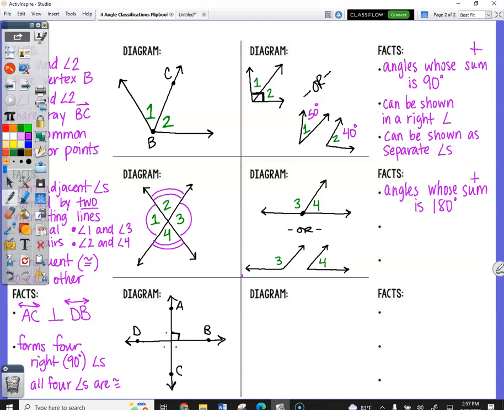Two ways that you can see it. It can form a straight angle, and remember, that just means a straight line, right? Or it can be two separate angles and you would be told that they're supplementary.